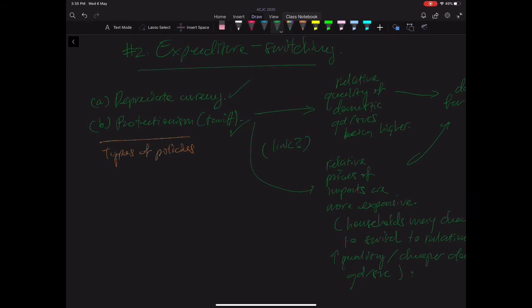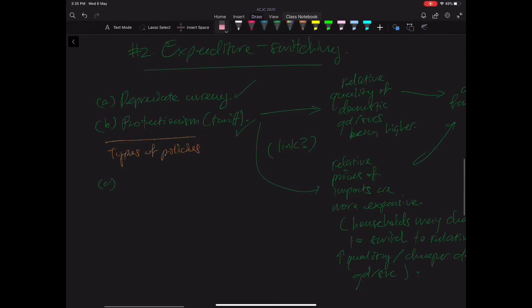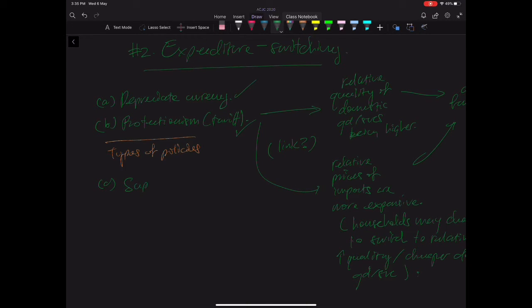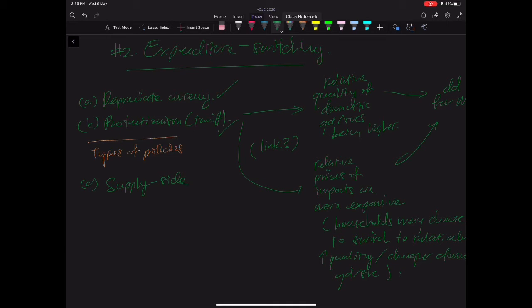Okay, in the notes they don't list supply side policy as expenditure switching, but it's actually also a possible type of policy that can lead to expenditure switching. Supply side policies. Why? Well, if you have increased R&D or you have innovation, then you may have a higher productivity.